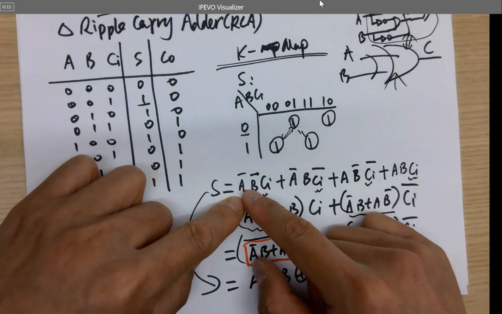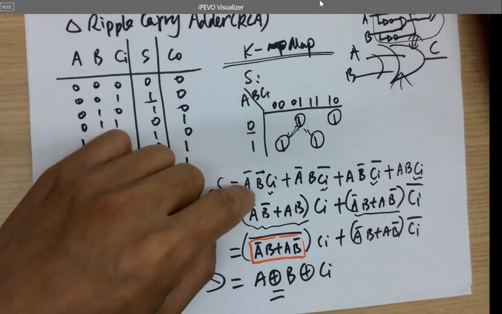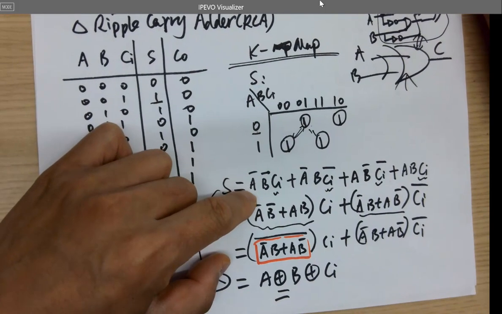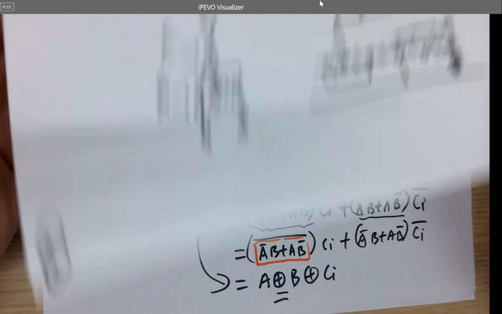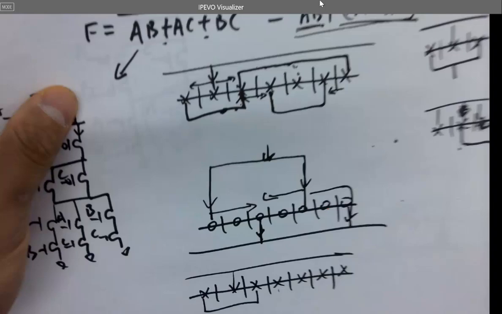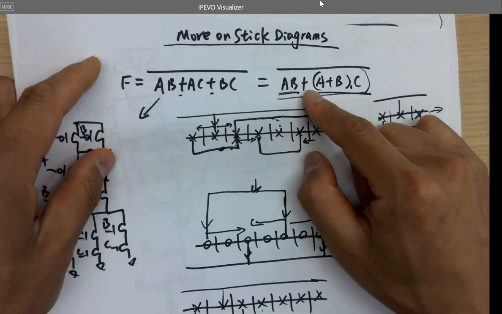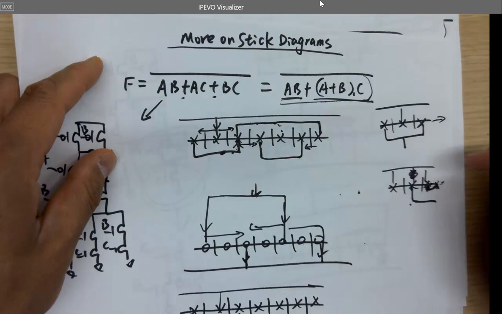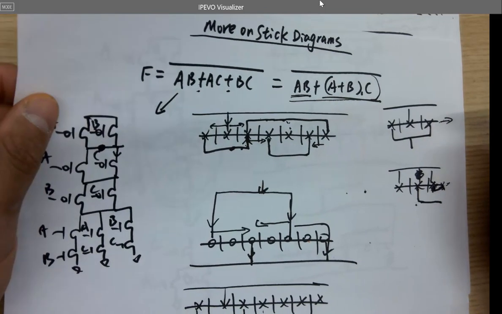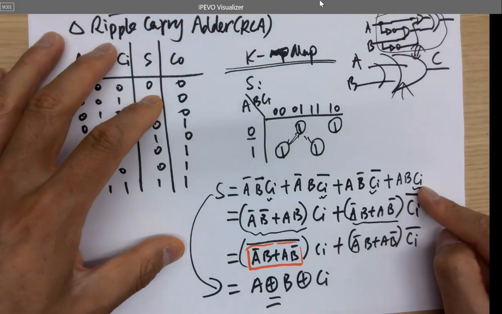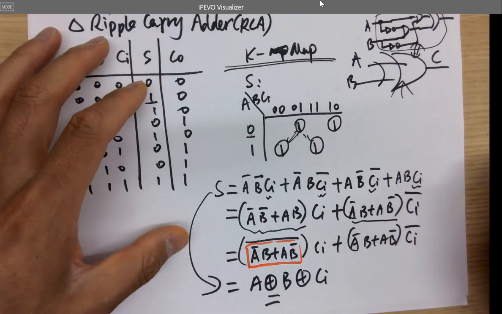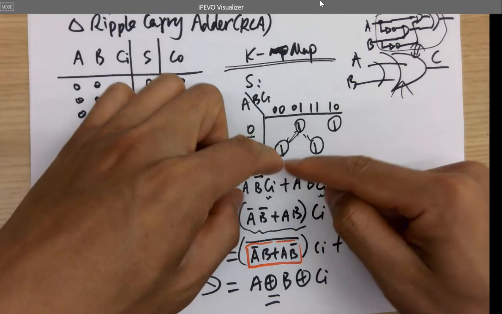If I'm asking you to draw the transistor level schematic from here, how would you do it? Like these ones. See? For this simple thing, we already spent so much time on it, like 20 or 30 minutes in the class. What about this one? You just have to put two bars on the top, right?